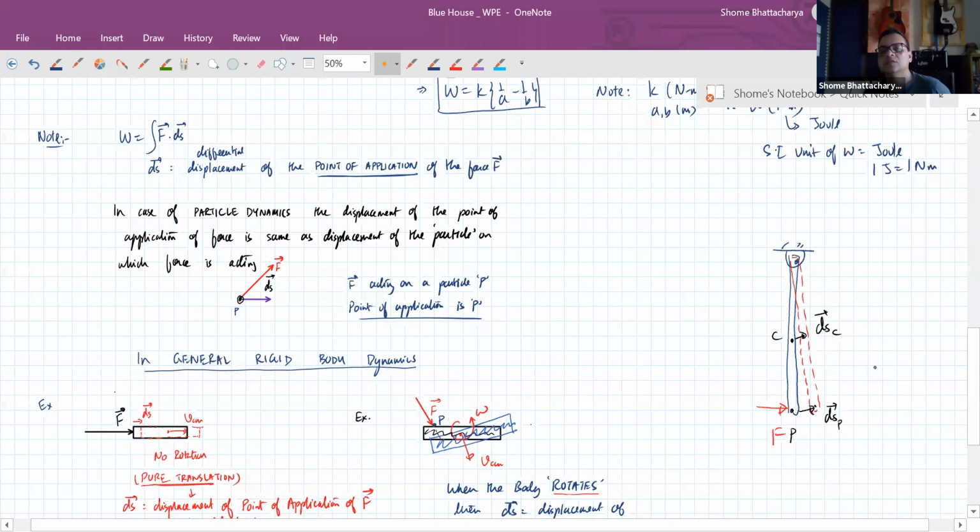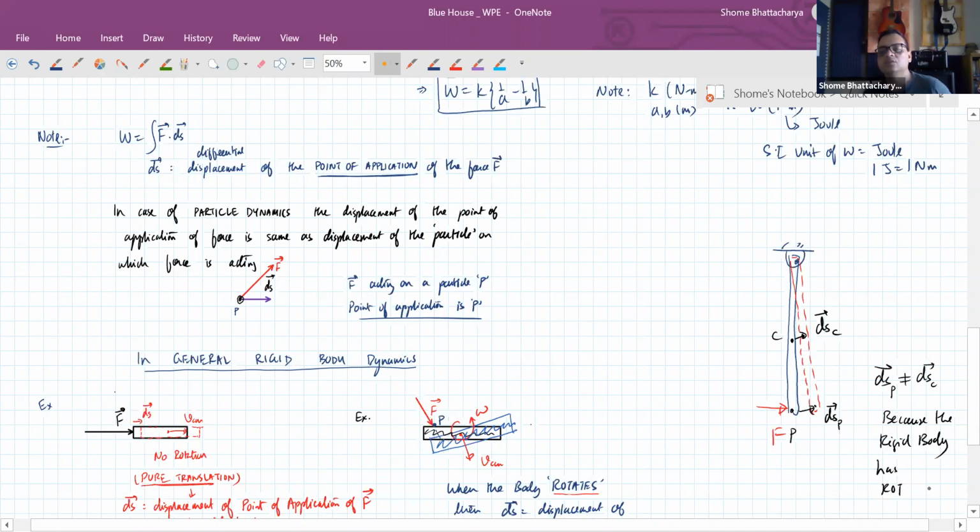You can see over here that the displacement of the point of application is not the same as the displacement of the center of mass. Because why? Because the rigid body has rotated.